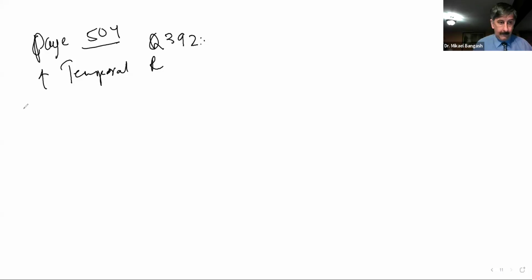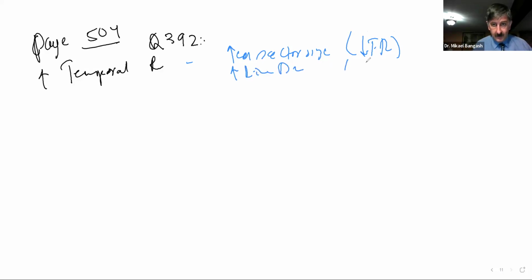Now, one of us said increased sector size. That's actually going to reduce or degrade your temporal resolution. And again, increased line density as well. That's going to do the same. Degrade.